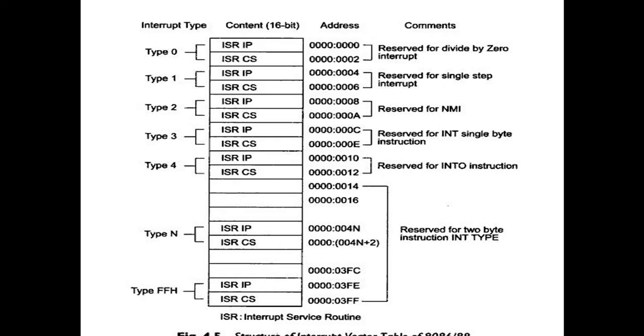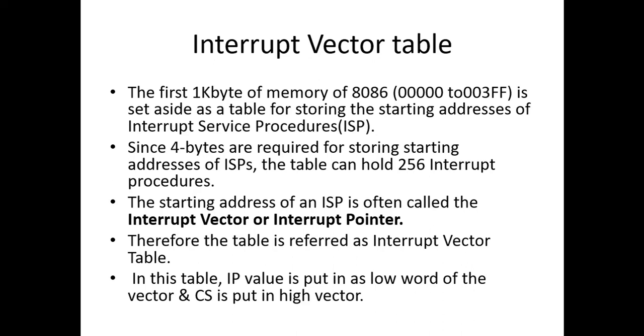The starting address of the ISP is often called the interrupt vector or interrupt pointer. Therefore, the table is referred to as the interrupt vector table. In this table, the IP value is put in as the low word of the vector, and CS is put in the high word.